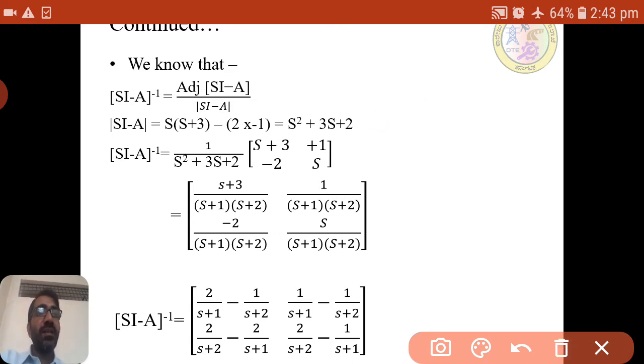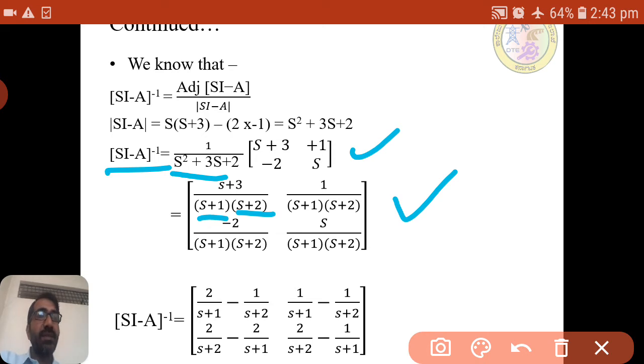Applying both the adjoint and the determinant, we can write the inverse of sI minus A like this. Again we need to split in terms of s plus 1 and s plus 2 separately.